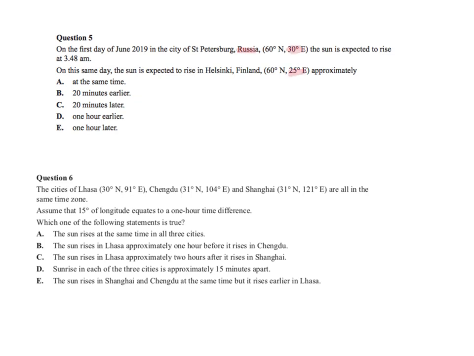Because St. Petersburg, Russia, is bigger, it got the sunrise first. In Russia, it was 3:48 a.m. Now we want to know the time difference between these.